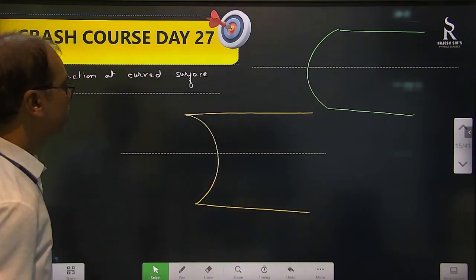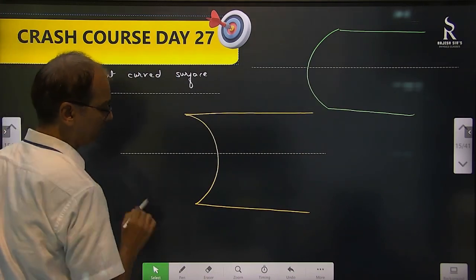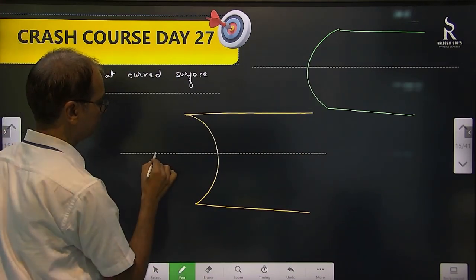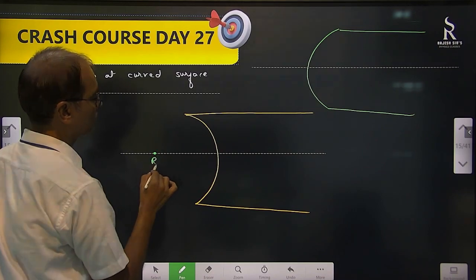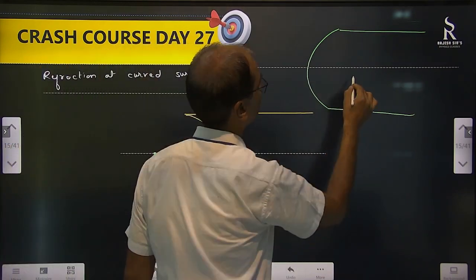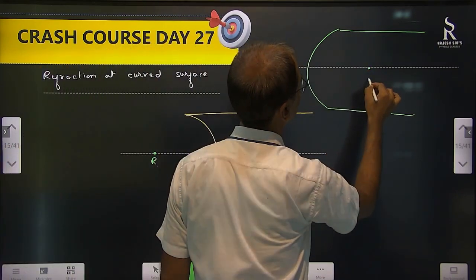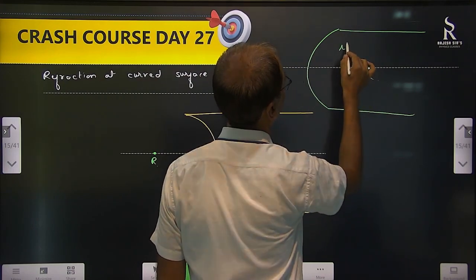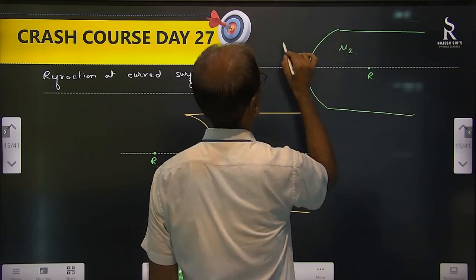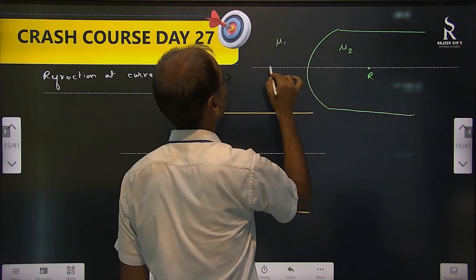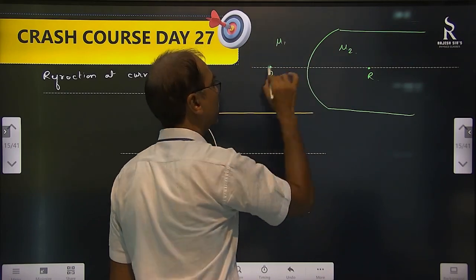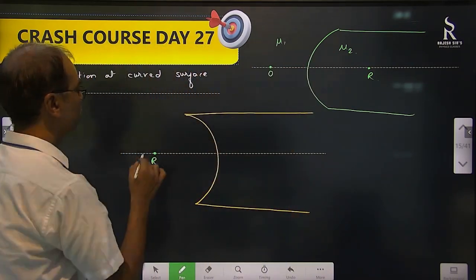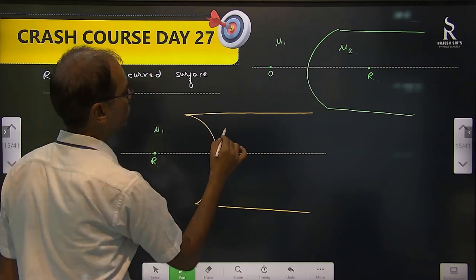Now its center of curvature will be where? Here will be its center of curvature, on this side, and its center of curvature will be on this side. This medium is mu1. Here we will keep the object, or from here the light will be going. Same way, this is mu1, this is mu2.